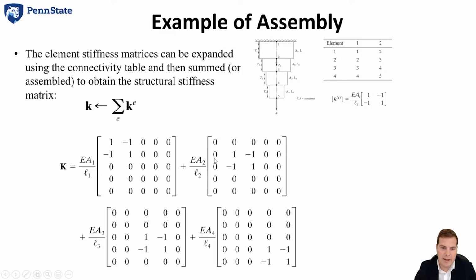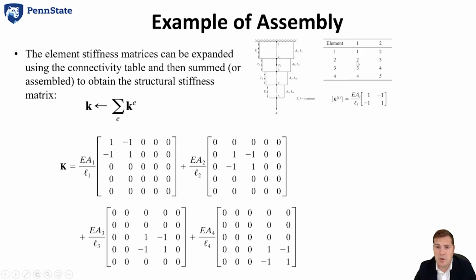Let's now look at element 2. Element 2 has nodes 2 and 3. So we went over this before. So 1, 2, 3. What is the numbering locally? Well, 2 would correspond to 1, right? And 3 will correspond to 2. How do we know that? Well, we actually have it specified up here.